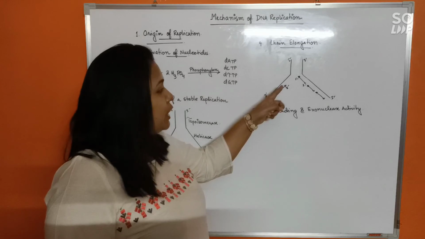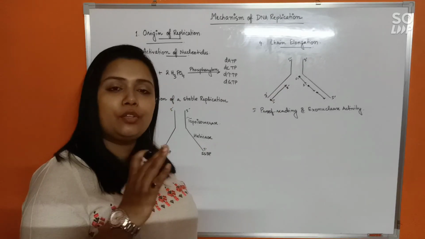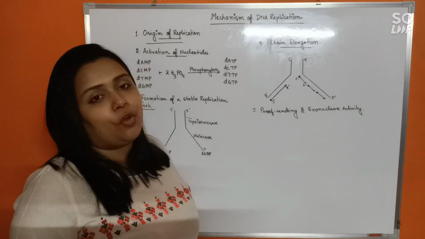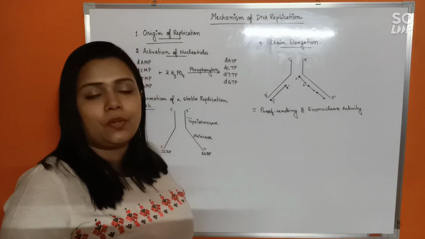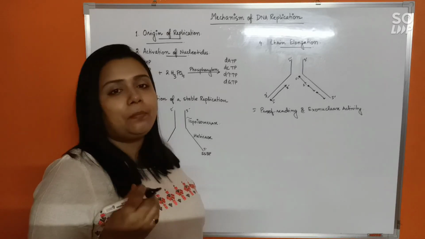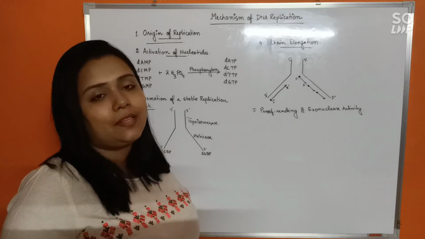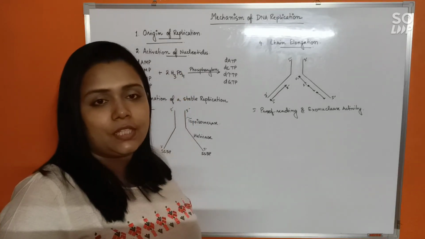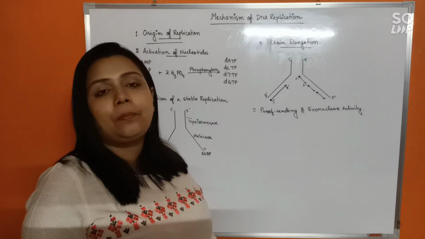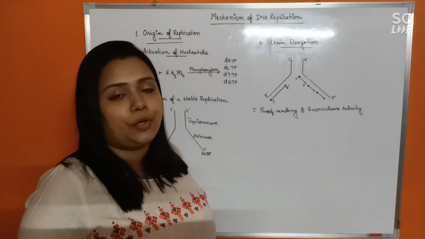After the new chain has been synthesized, the DNA polymerase enzyme will run throughout the chain to search for mismatched base pairing. If a mismatch is detected, the incorrect base will be removed and a correct base will be positioned in that site. This is called proofreading and exonuclease activity, and that helps repair the DNA every time certain kinds of errors occur in it.